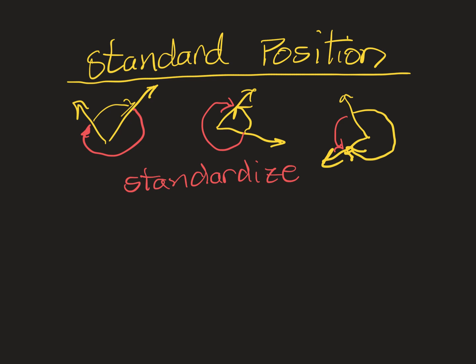And so interestingly enough, we do this on a graph. If I were to draw a coordinate system, okay, our old friends, the XY graph, what I always do is I put the initial side on the x-axis. And then from that point, I can rotate clockwise or counterclockwise.